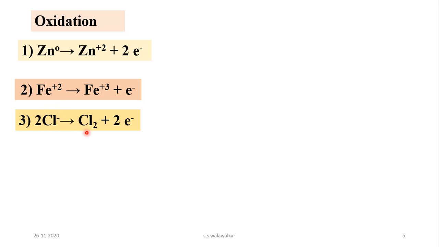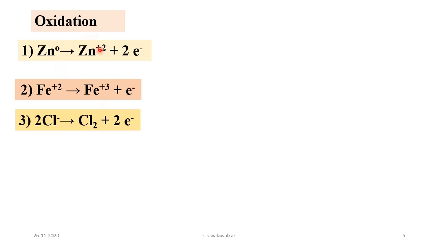So 2 chloride ions lose 2 electrons and form 2 chlorine atoms, which combine and form chlorine gas. A chlorine molecule is formed.